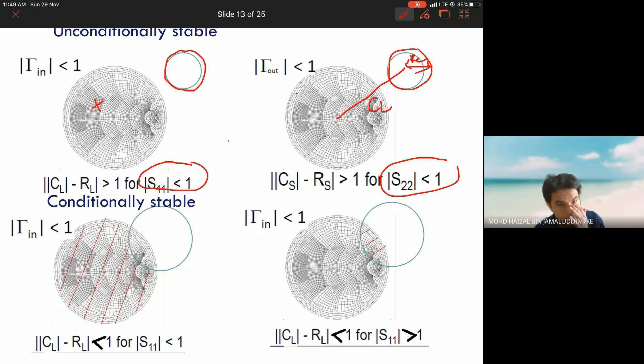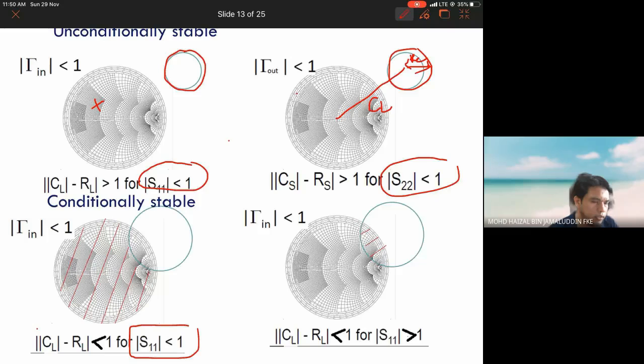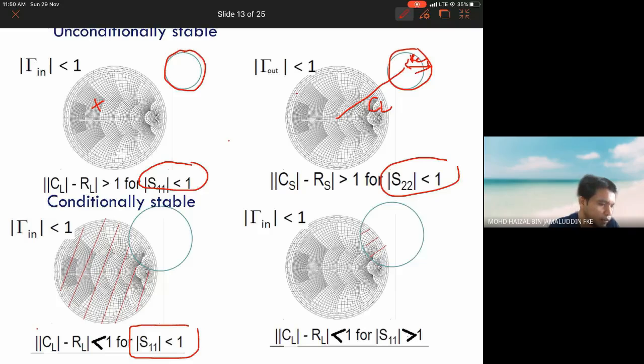For the case of conditionally stable, here we look at the case where CL, the center of the stability circle, minus RL is less than 1, and S11 is less than 1. In this case, you can see that normally the Smith chart will intersect with the stability circle.